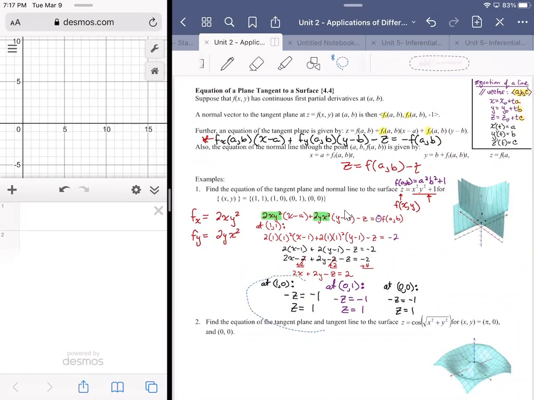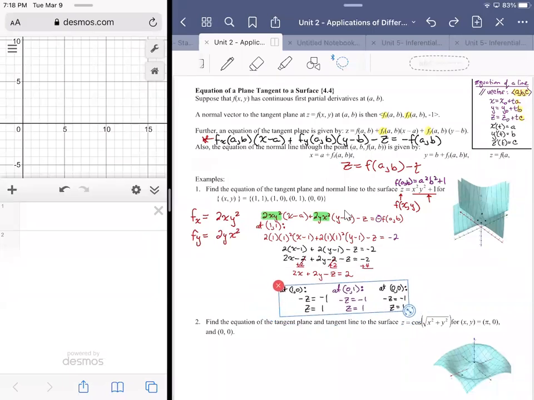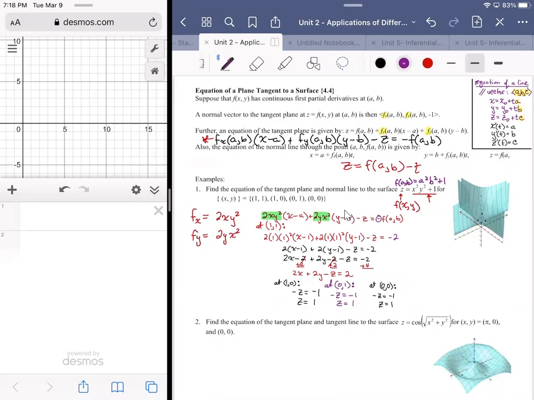Let me just shrink and move. You know what? Let me do that the right way. All right, so if I do f sub x at 1, 1, that result is 2.